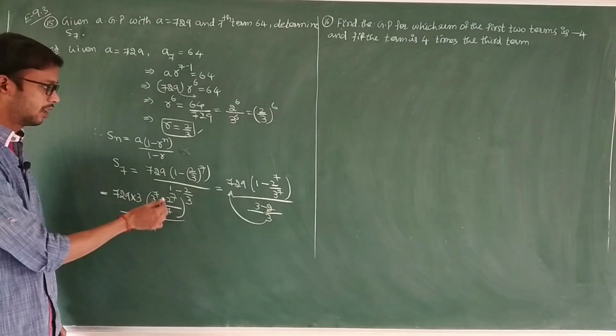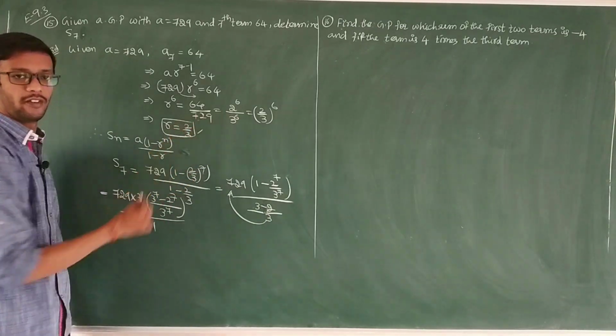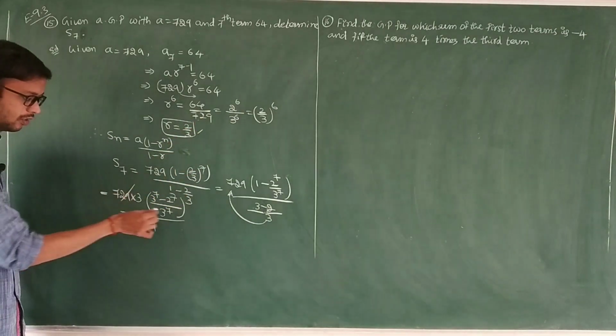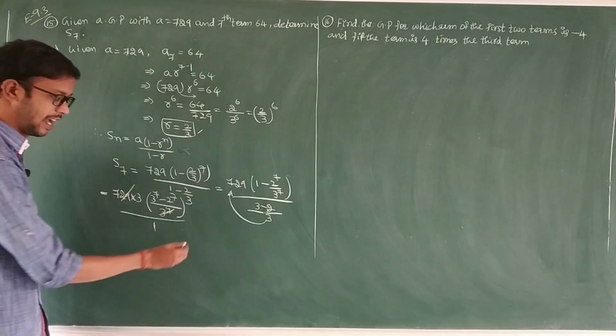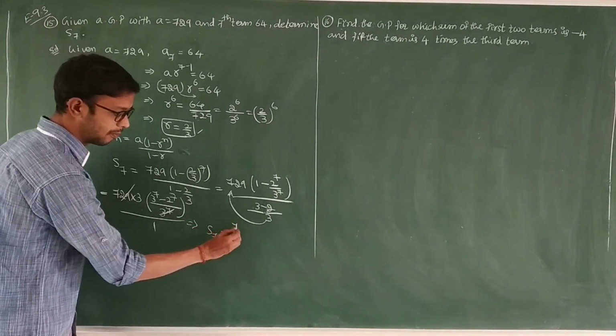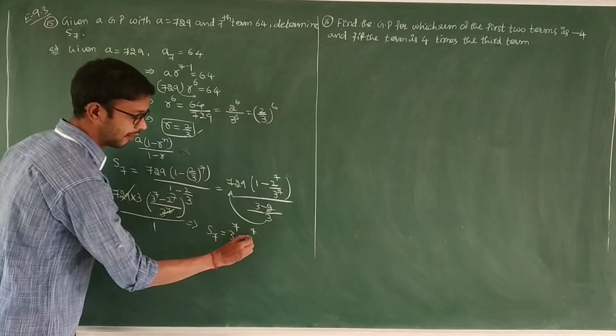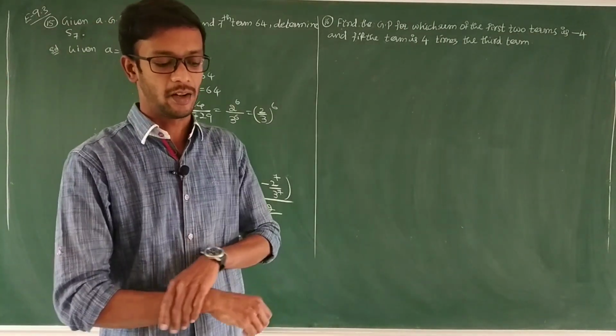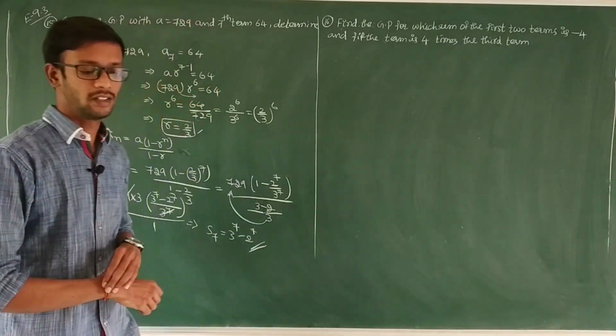You observe here 3 power 6 is 729, 729 into 3 is 3 power 7. So 3 power 7, 3 power 7 get cancelled. S7 is equal to 3 power 7 minus 2 power 7. So that is the sum of the first 7 terms.